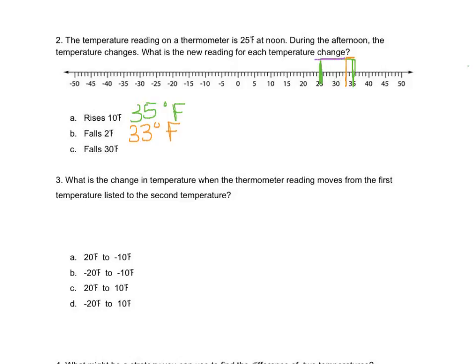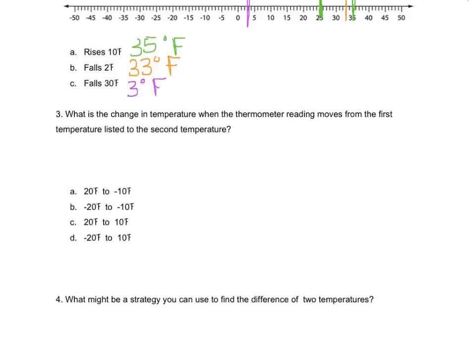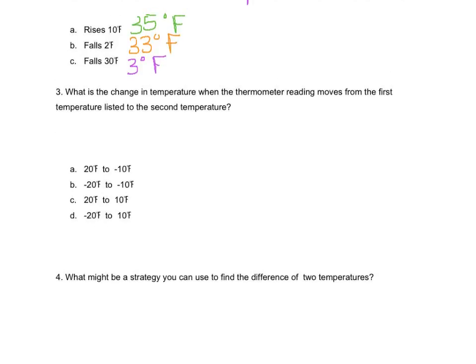So I'm going to move towards the left. That's going to bring me to 3 degrees Fahrenheit. And you could do that by counting each one of those black tick marks, which represents an integer. All right, number 3. What is the change in temperature when the thermometer reading moves from the first temperature listed to the second temperature.